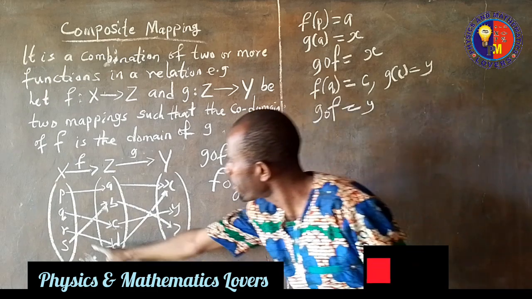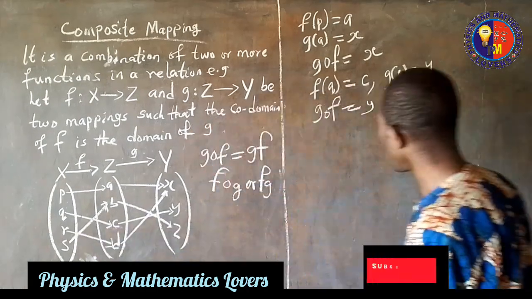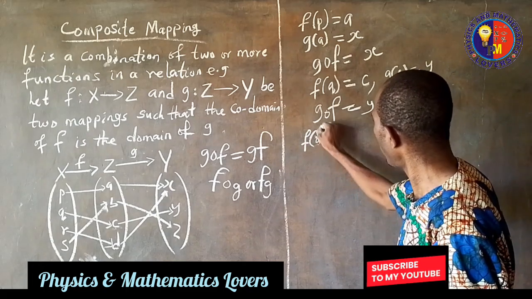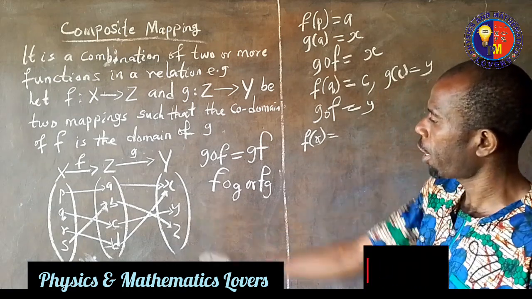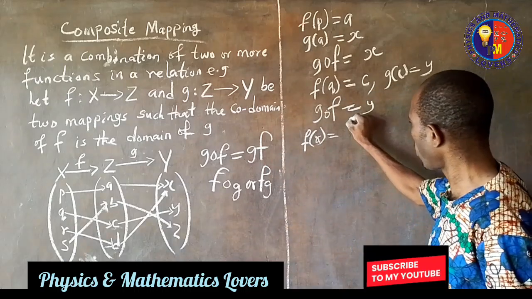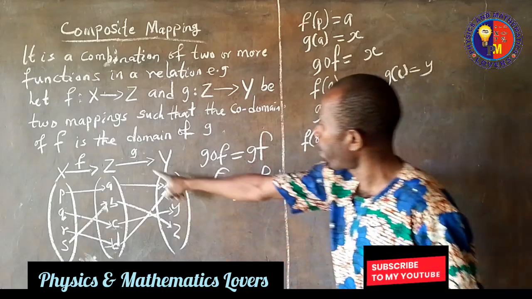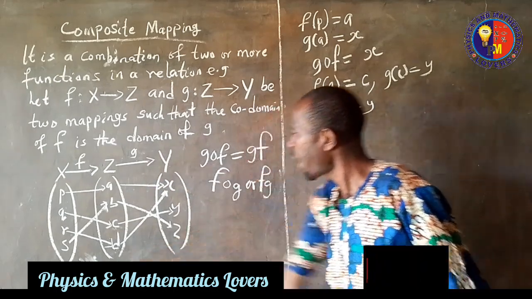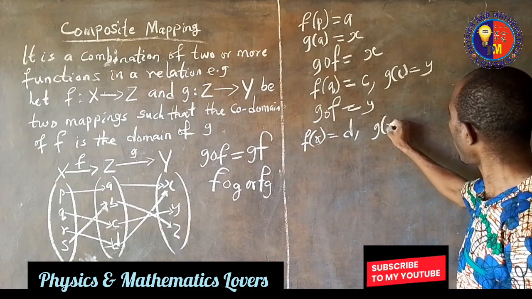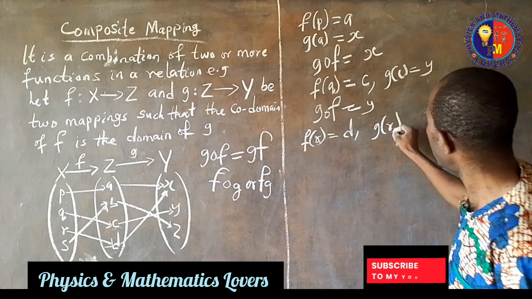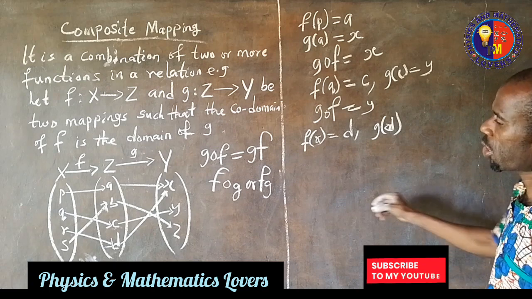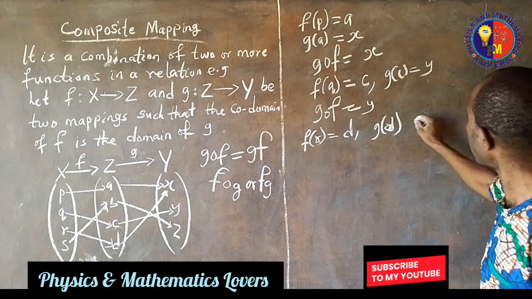So you do that for every one of them. Look at that of r. The function f takes an element r and produces an element d. In the same way, the mapping function g takes d as an element from the domain z, so g of d gives us x.